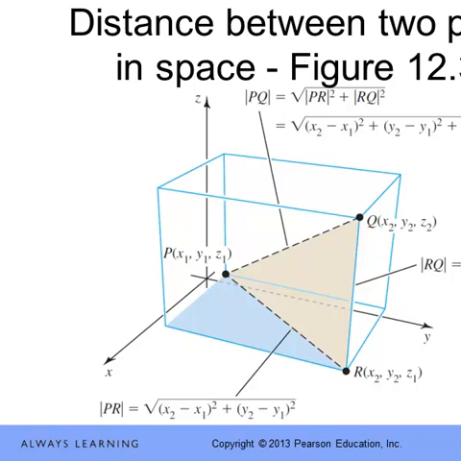The derivation of that formula is pretty simple. For example, if you focus on the xy plane, here's this point R, which is at a point that is projected from Q down to the plane that's parallel with the xy plane but goes through this point P. Then you find the two-dimensional distance between point P and point R, and then you find the distance between these 2 points here.